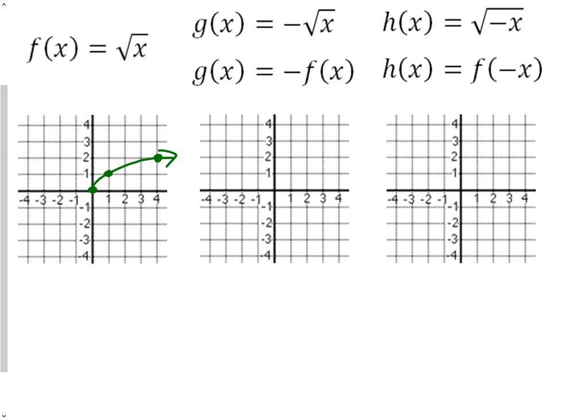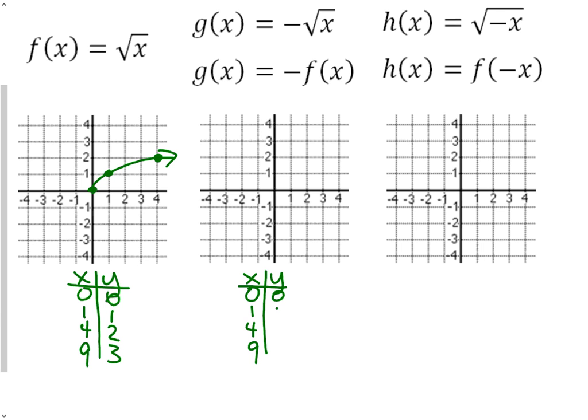So if this is my table of values, for example, 0, 1, 4, 9, 0, 1, 2, 3, when we have this negative sign outside of the function, it's being multiplied to the whole function, what we actually end up doing is multiplying our y coordinates by -1.